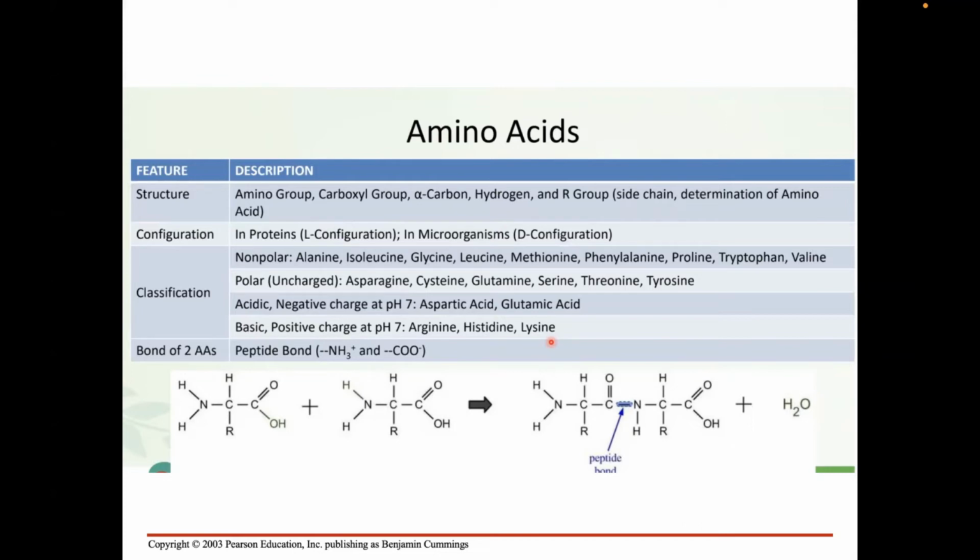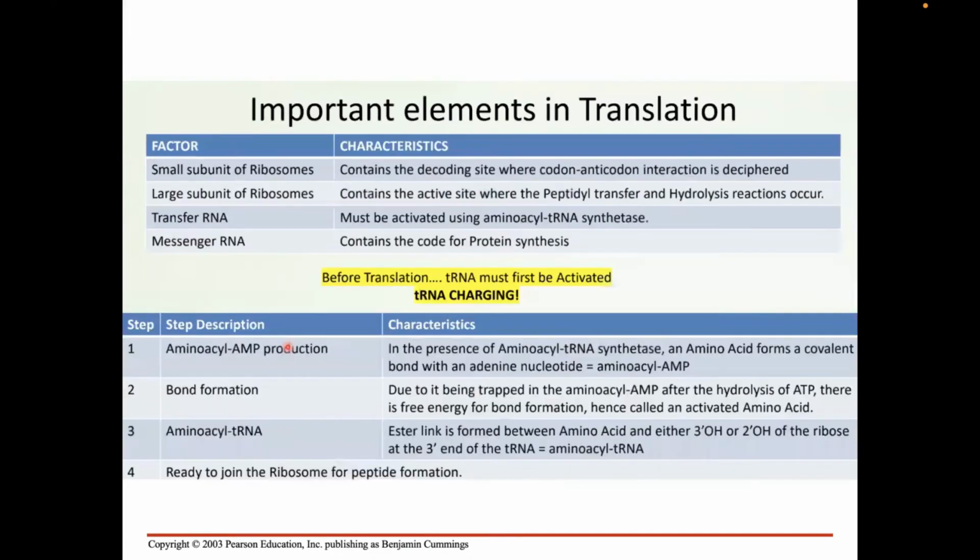And then the bonds of your two amino acids depending sa ating bonds. Okay? So the important elements of the translation depending on the factors. And then please do take note that before translation, your tRNA must be activated. It is what we call the tRNA charging.